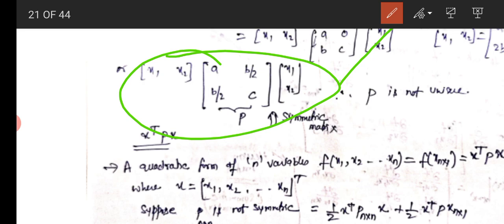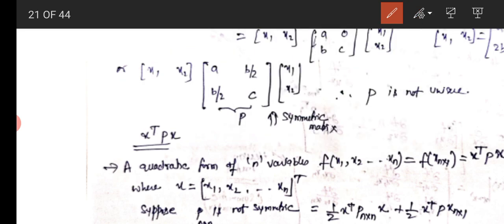If the matrix is symmetric and all the eigenvalues are positive, then you can say it is a positive definite function. What is the meaning of positive definite function? We will see later, after 2 to 3 minutes it will be clear. So the coefficient matrix P is represented as a symmetric matrix, and when you multiply it by x1, x2 and then by the transpose of x1, x2, we get the same quadratic equation.